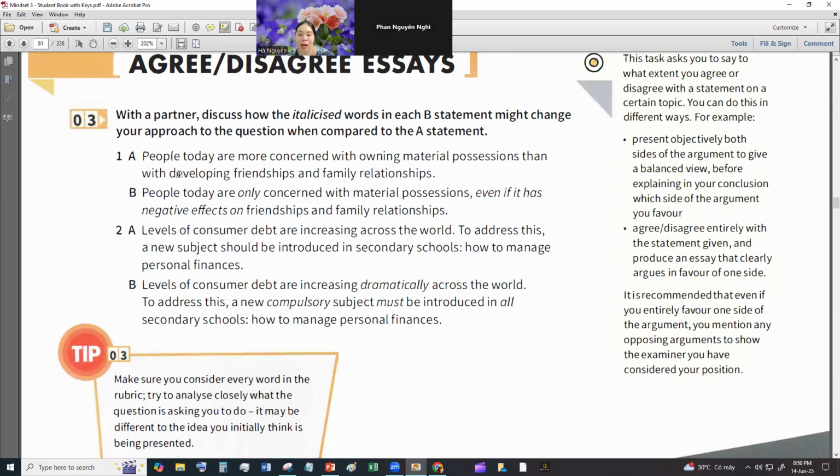Okay, can you just look at 1A, 1B, 2A, 2B? Notice how the italicized words affect the meaning. Discuss how the italicized words in each statement B might change your approach to the question when compared to statement A.